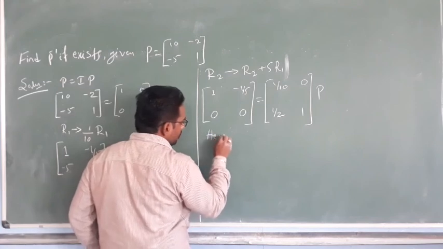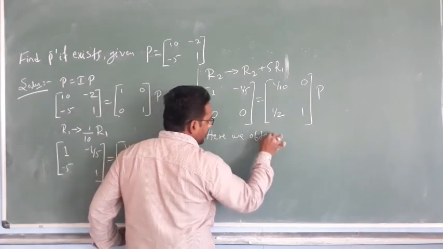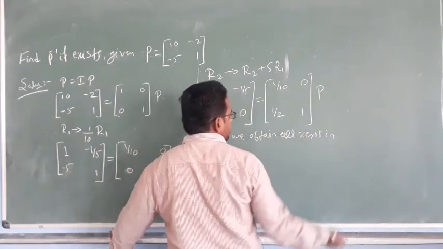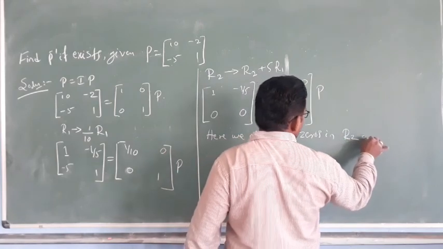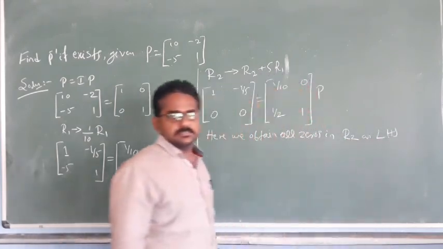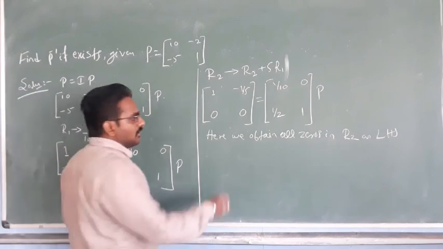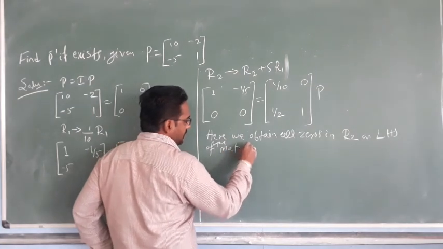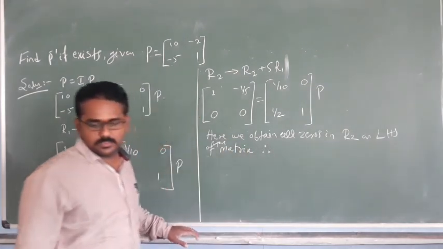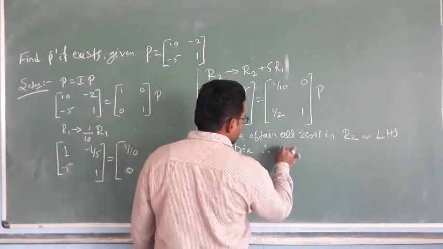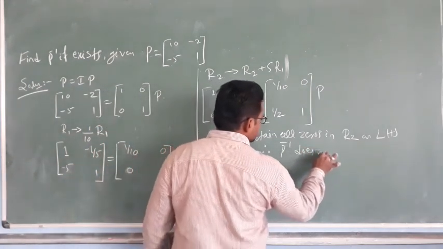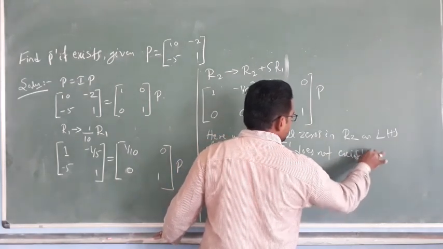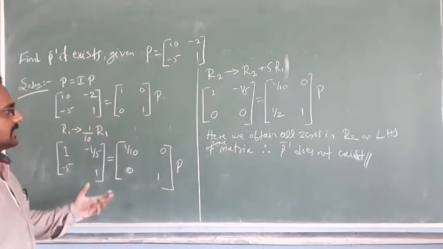Here we obtain all zeros in R2 on the LHS of the matrix. Therefore P inverse does not exist.